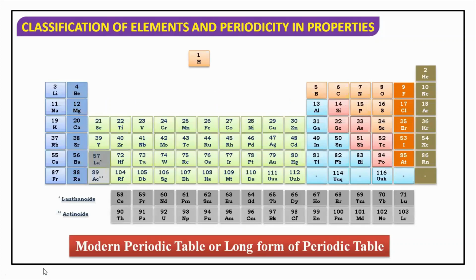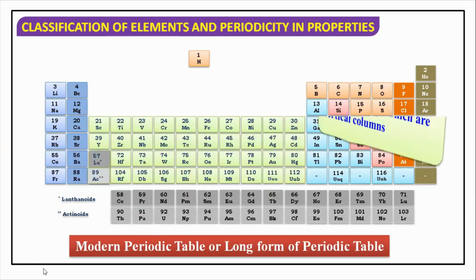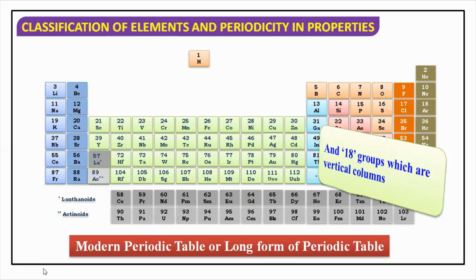So this is how it looks. Hydrogen is placed at the first position, and you can see different rows and columns with different colors on them. It contains a total of 7 periods, which are horizontally arranged, and 18 groups, which are vertical columns, because a table will be in the form of rows and columns.